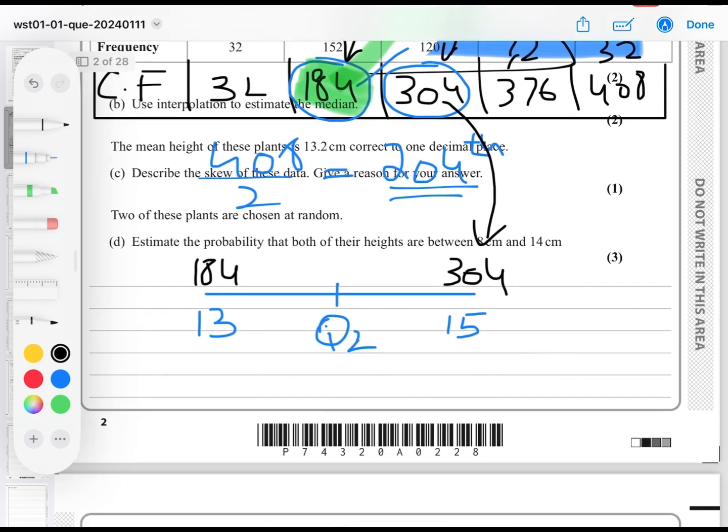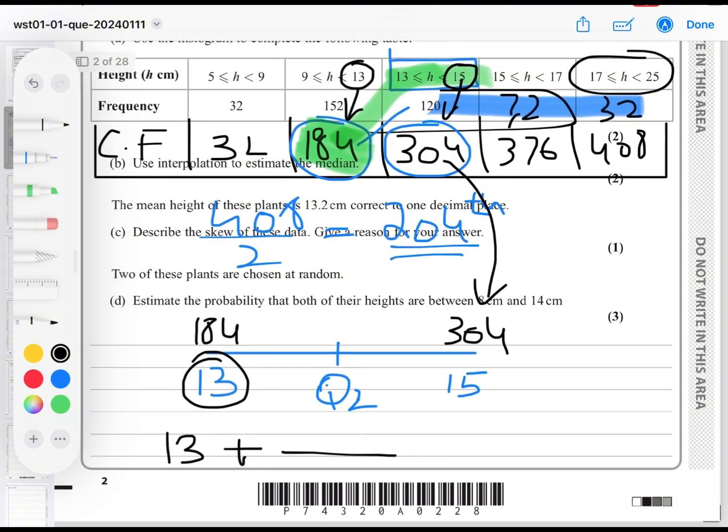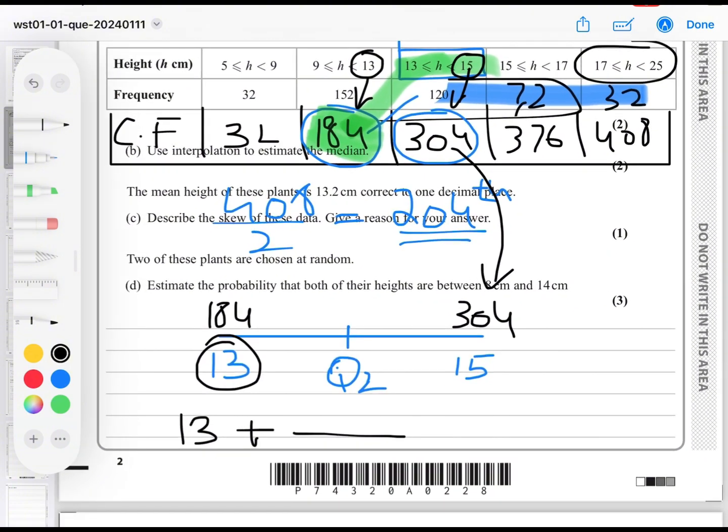Okay, so now going to the formula of interpolation. How will we use the interpolation method? It's like this. The starting point here is 13 plus, I will take the difference, because this 204 lies here somewhere, this will be the center.